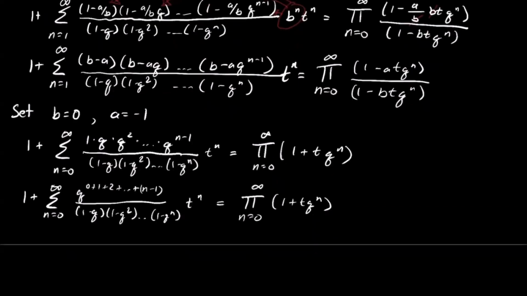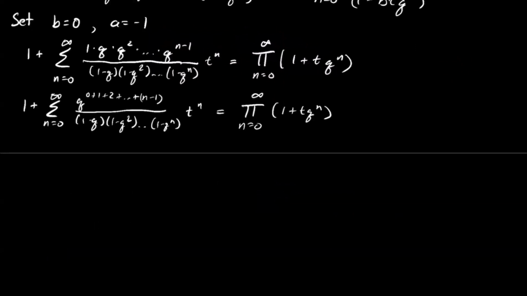And we're going to use one more fact. The thing to recall is if I take 1 plus 2 plus 3 plus, if I take the sum of the first n minus 1 integers, this is nothing more than n times n minus 1 over 2, right? So what does our result become?